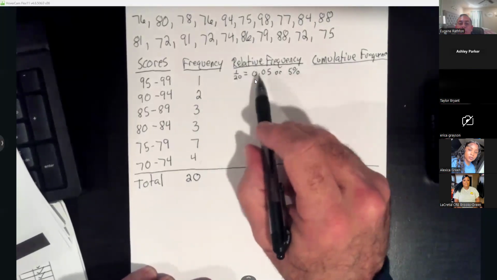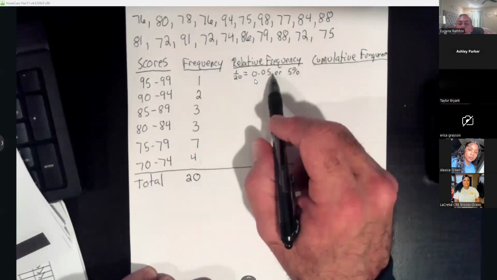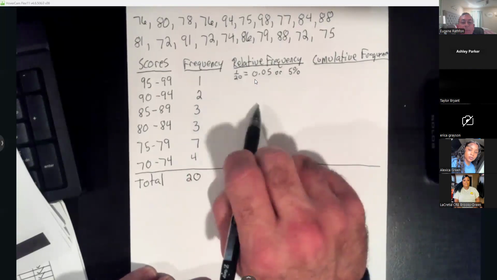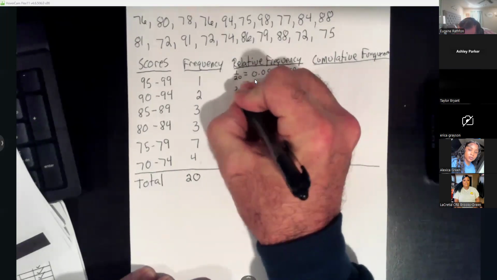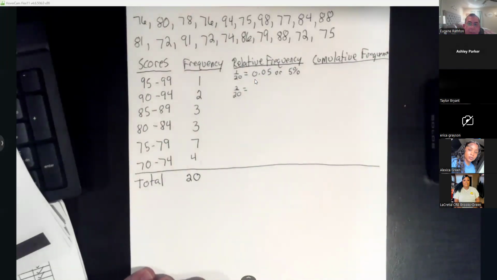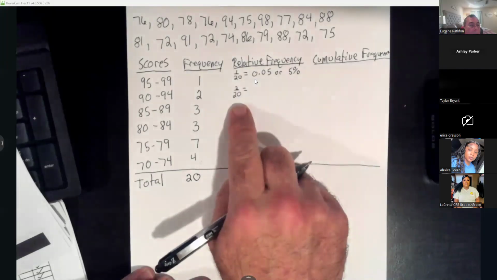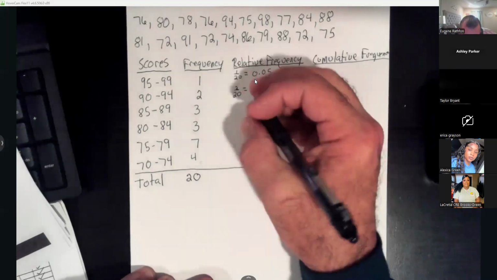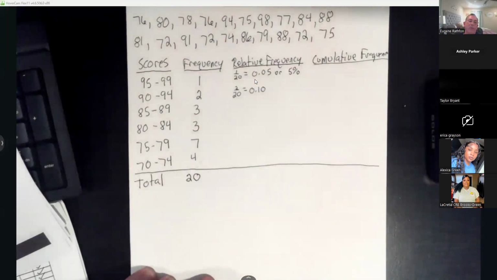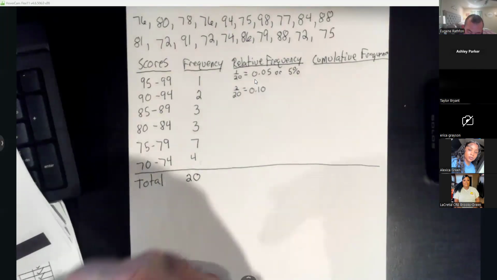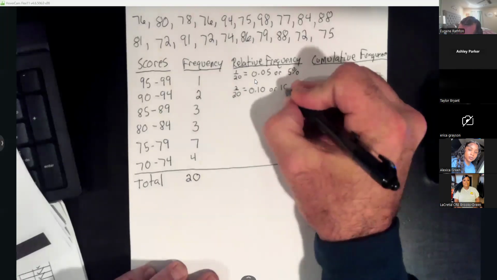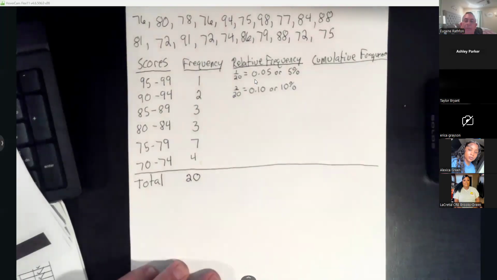Remember, to turn a decimal into a percent, you just move the decimal right twice and add the percent. All right, so how about 2 divided by 20? That'll give us our second bin. So 0.1, good job. Or you could say 0.10 if you wanted to look like 2 digits. Either way, y'all. But move the decimal right twice. That gives us 10%.